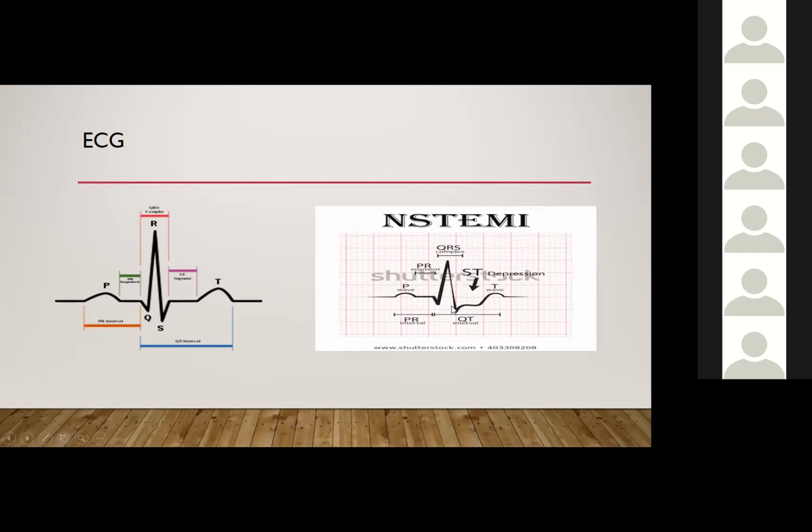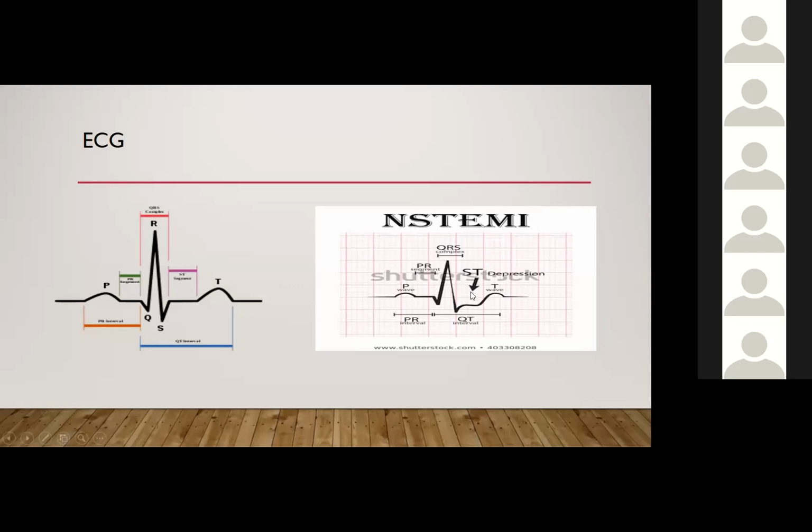Now don't get confused, the last bit of it. The question will be, what about unstable angina? Let's say you are thinking this is an unstable angina, you've requested your troponins. Your troponins haven't come yet, but all you have is your ECG first. If the ECG comes and the ST segment is elevated, you can make a diagnosis of what?